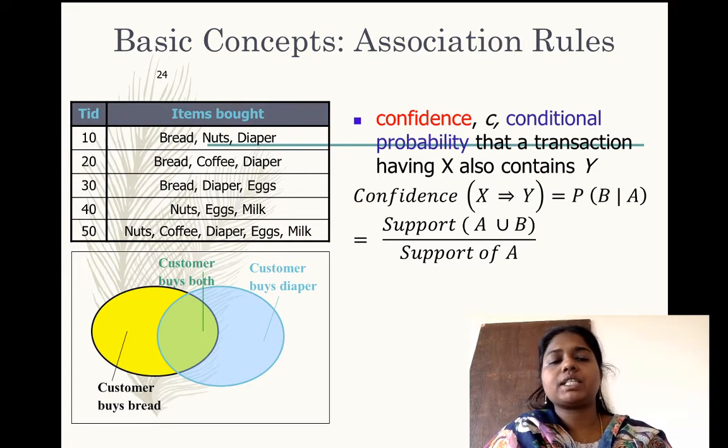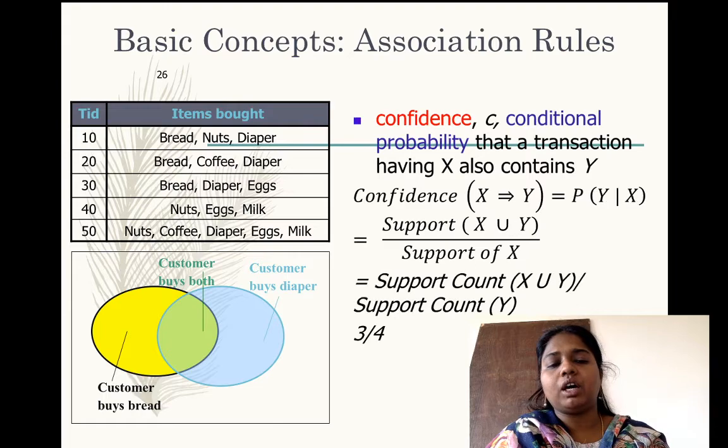Now, confidence is defined as the support value of A and B to the support value of A. Now, let me calculate here. What is the support of A and B together? In the previous value, you calculated it as 3/5. What is the support value of A? A denotes bread here. How many transactions do we have bread present? We have 3 out of 5 transactions.